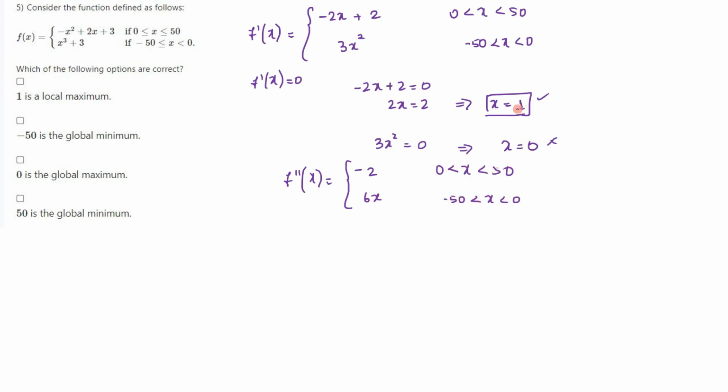So now what about this one? F double dash of 1, this comes in this one, right? F double dash of 1 is minus 2. This is obviously less than 0, meaning that we have local minimum.